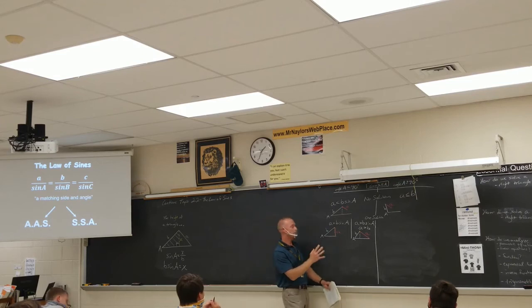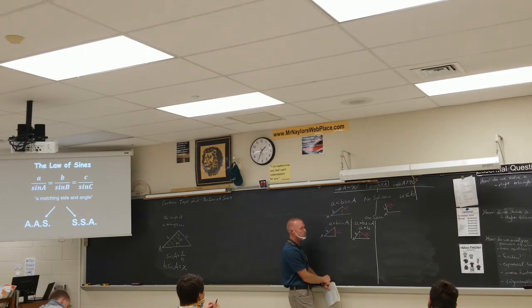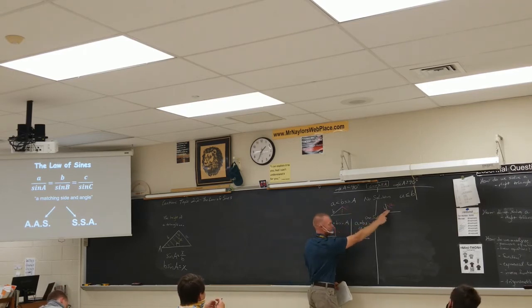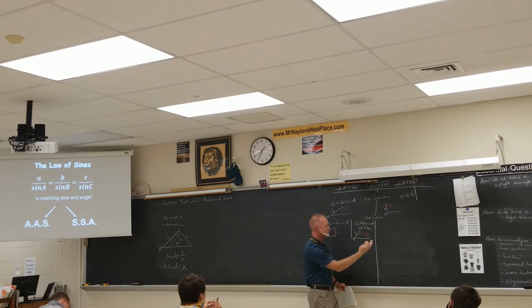But what you do need to understand is that if side A is bigger than side B, well then it's big enough. It makes a triangle. That's probably what most of you would think would happen had we not talked about this. But again, A might not be big enough. In a moment we'll have another scenario. So keep building.